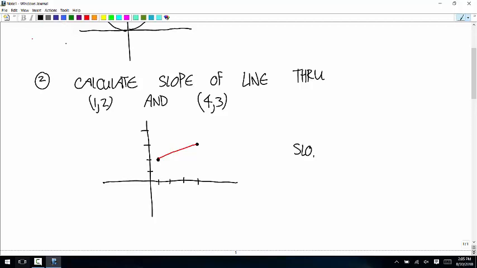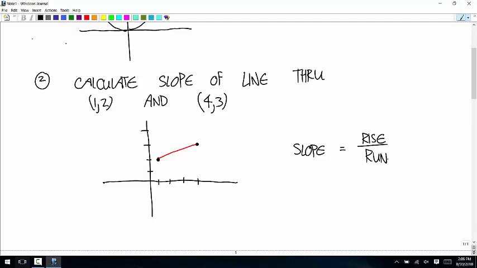If you remember that the slope is the rise over the run, you can think of that as from the starting point to the ending point. By the way, it doesn't matter whether you call this the starting point or this one, as long as you're consistent for the rise and the run. First we want to figure out how much higher we go.